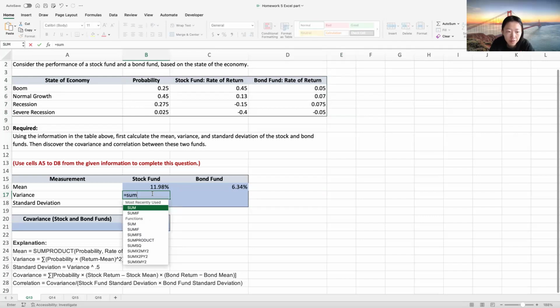So one single formula will be summing the probability times the return deviation, and square it.